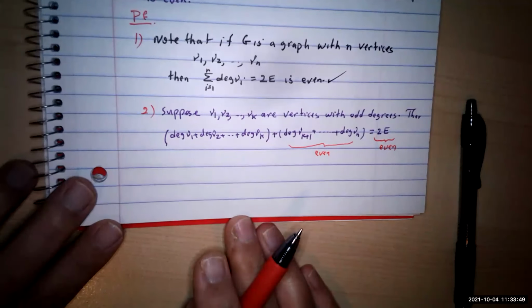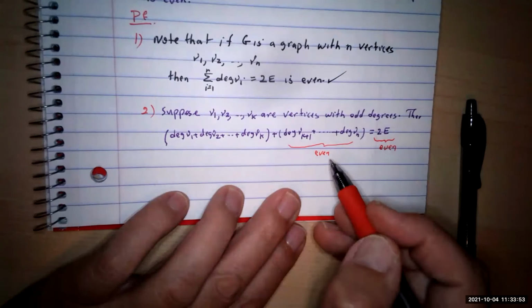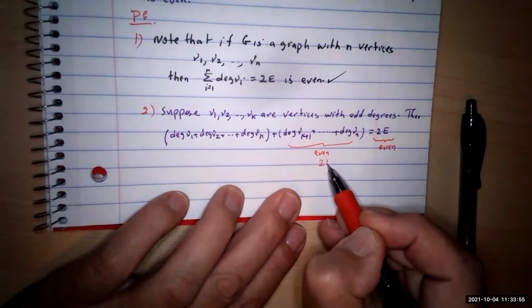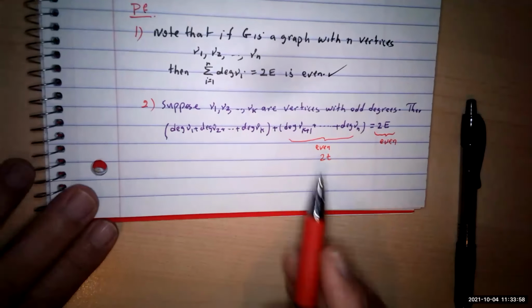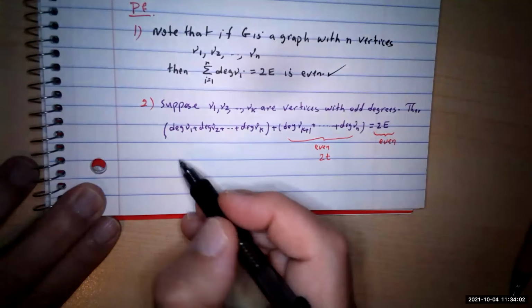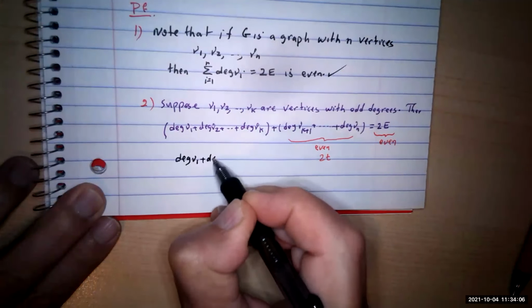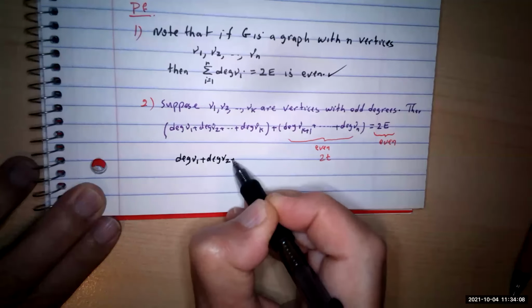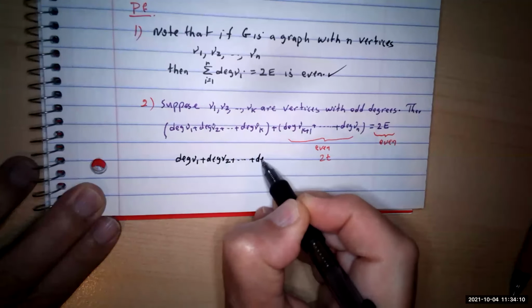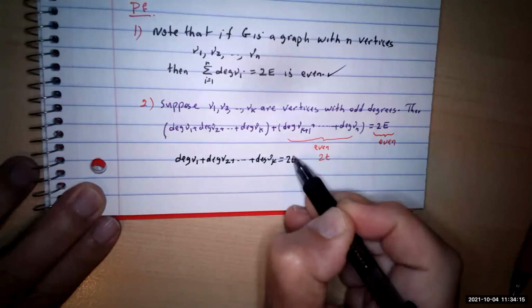We can call this one 2t. Now, if you subtract, the degree of v1 plus the degree of v2 up to vk is equal to 2e minus 2t.